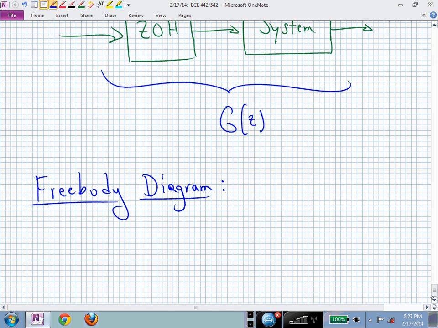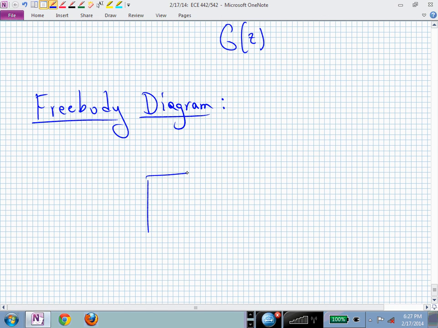Now my box is something else. This is now a mass. And suppose that I apply to that mass a force. That's my input force, and I'll just call that U. U is overused, isn't it? I use it for the unit step.